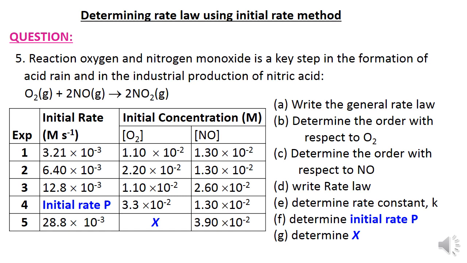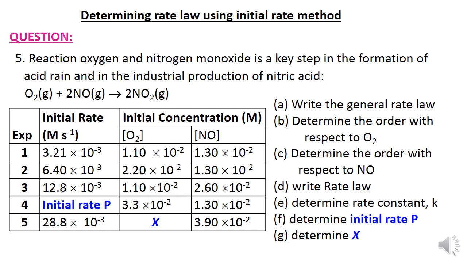The equation is oxygen gas reacts with 2 nitrogen monoxide to give 2 nitrogen dioxide. The data is given based on 5 experiments. What is collected is the initial rate and the initial concentrations.